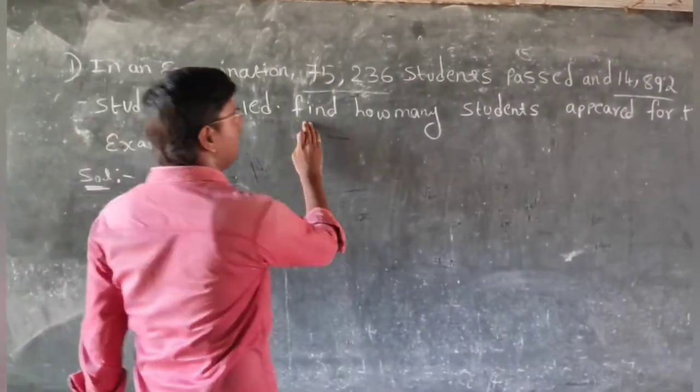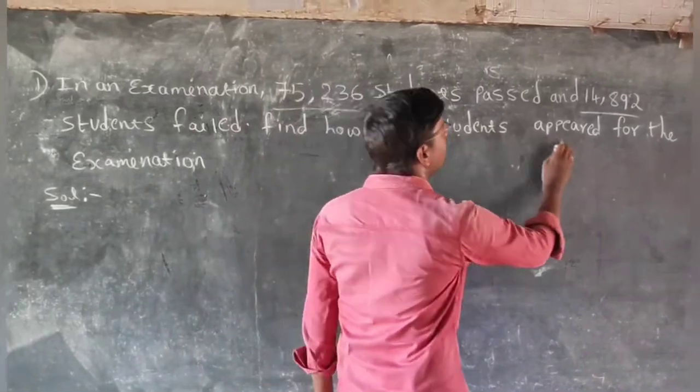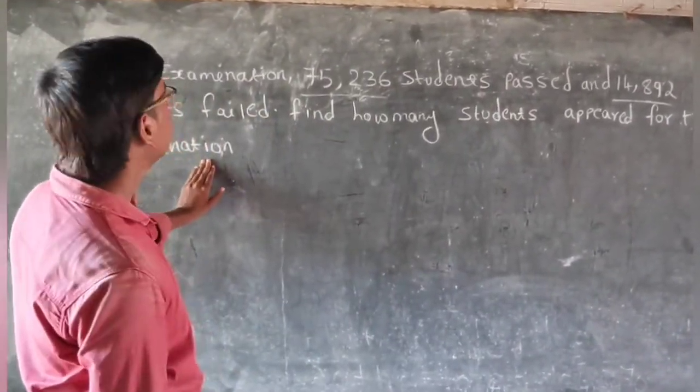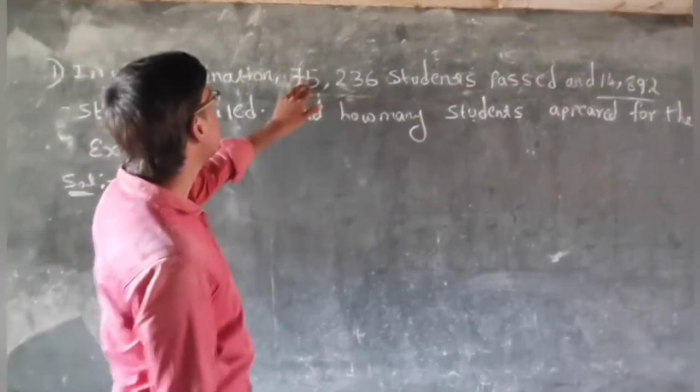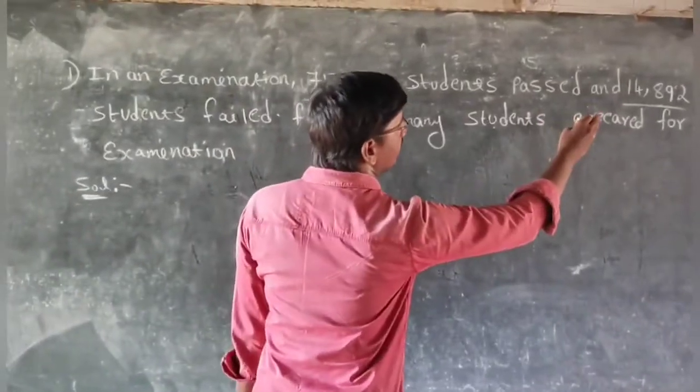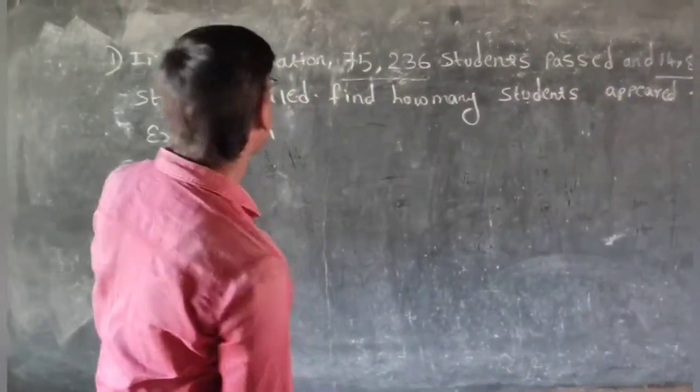Find how many students appeared for the examination. How many students passed? 75,236. Next, 14,892 students failed in that examination.